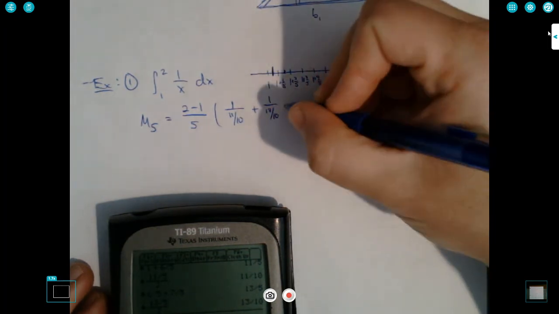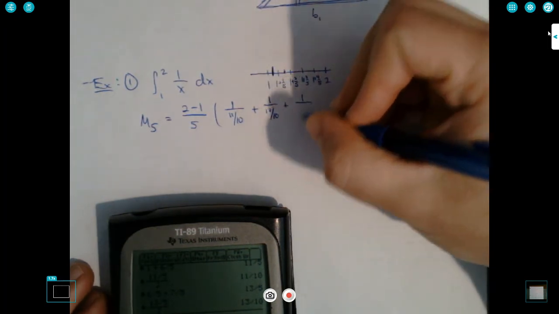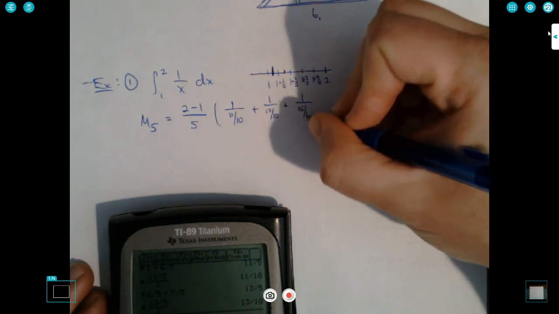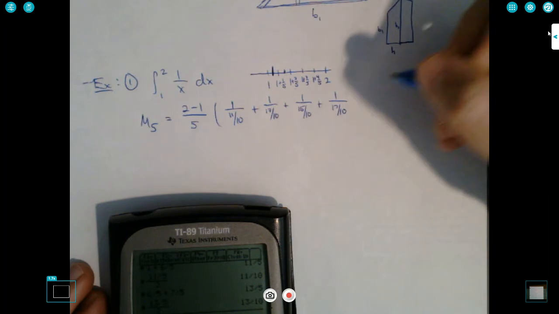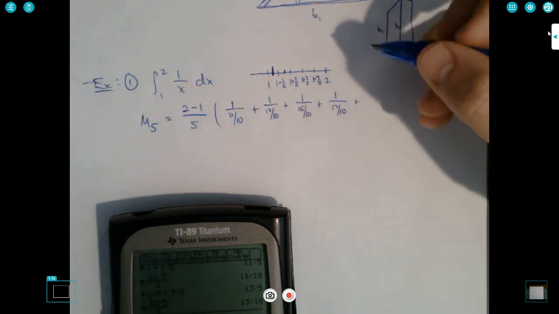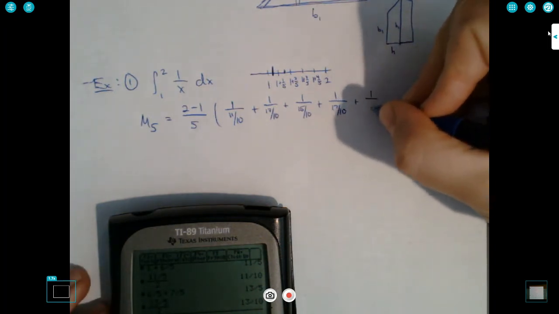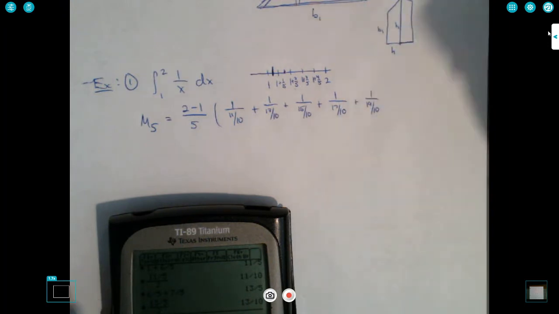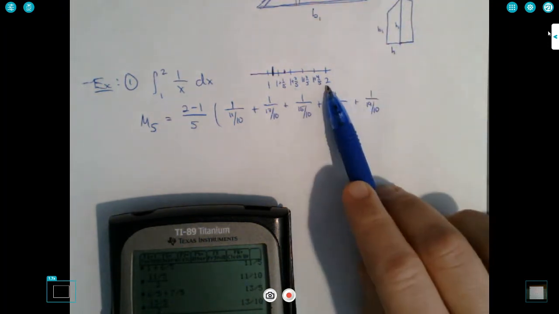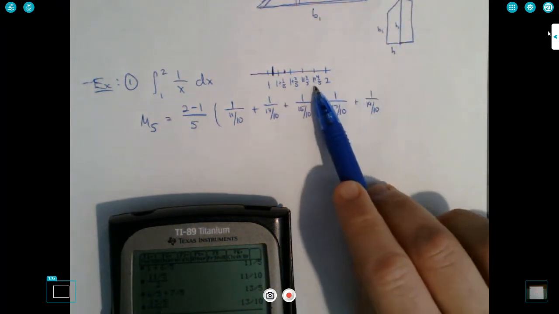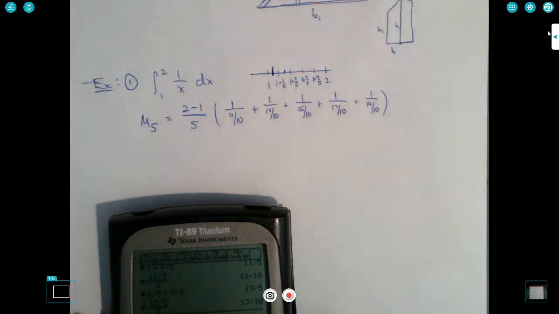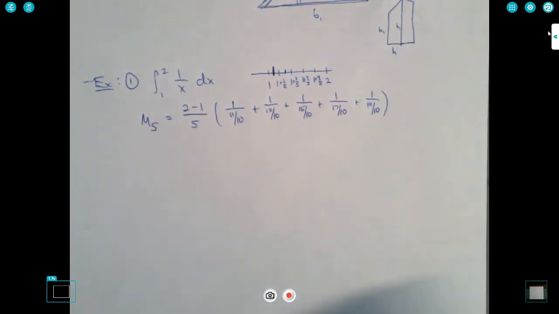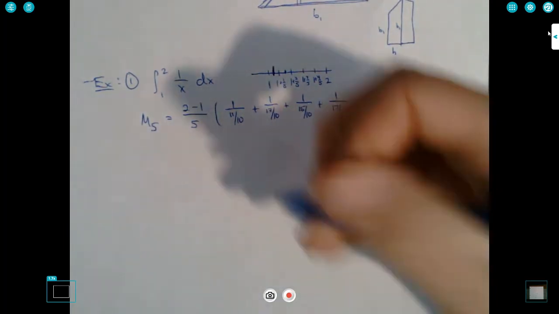Then I see how this pattern is going: 1 over 15/10, 1 over 17/10, and then 1 over 19/10. 20/10 would be 2, so 19/10 is right between 18/10 and 20/10, so that makes sense. So there's the midpoint approximation, and you can plug that into your calculator.